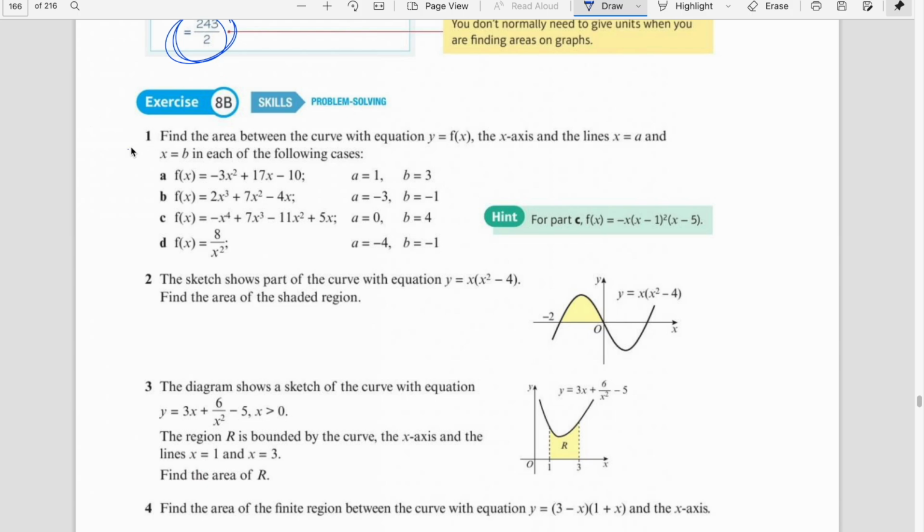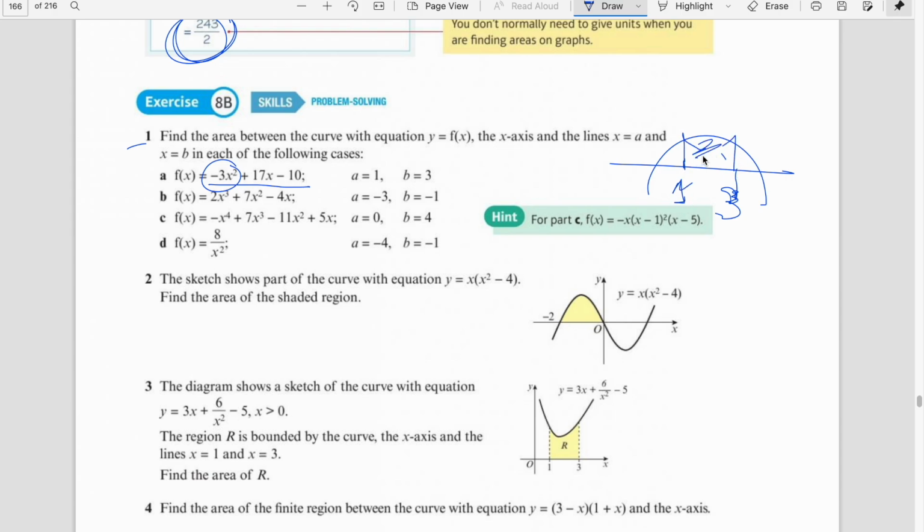For example, question number 1, find the area between the curve, the x-axis and the lines x equals a, where in this case it is given a and b. So it is from 1 to 3, x equals 1 to x equals 3. Let's say the graph looks like this, and from x equals 1 to x equals 3, wherever it is, this is suppose x equals 1 and x equals 3.